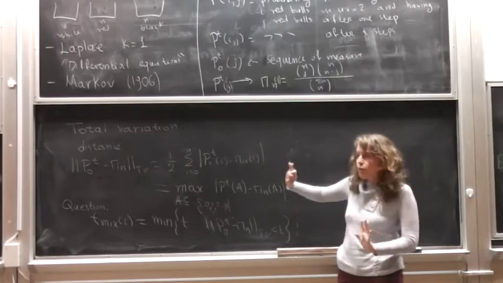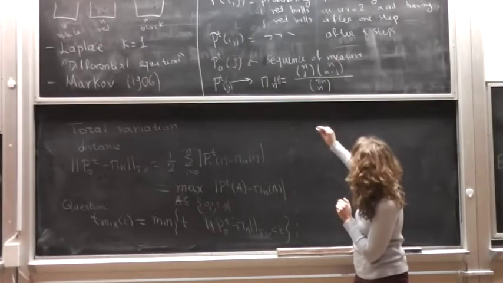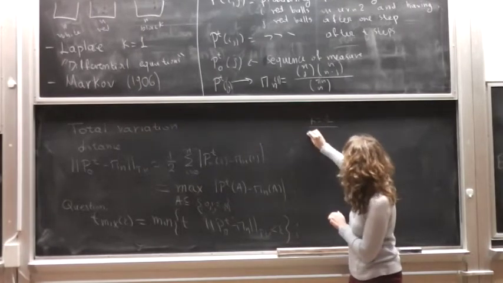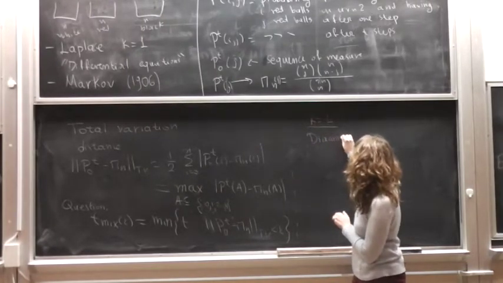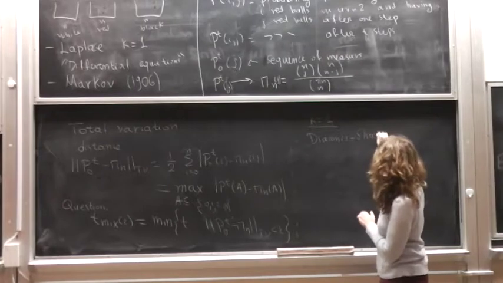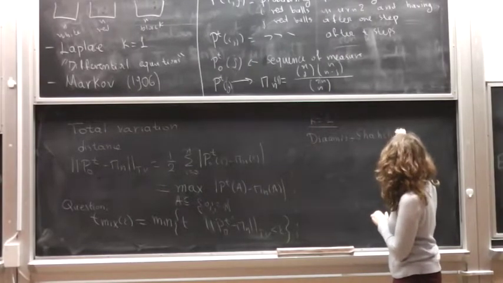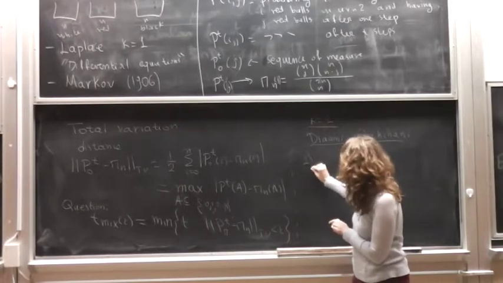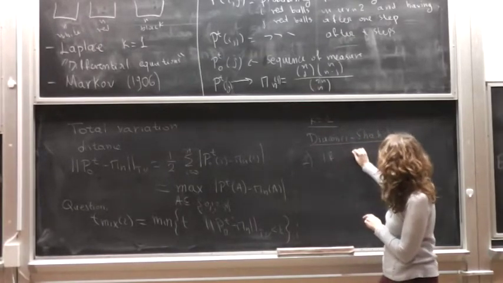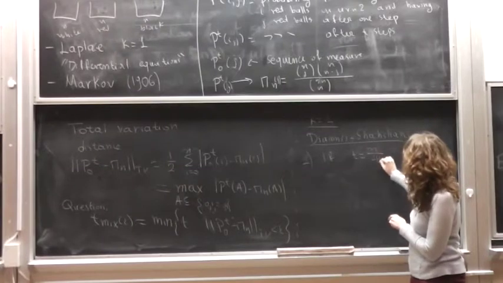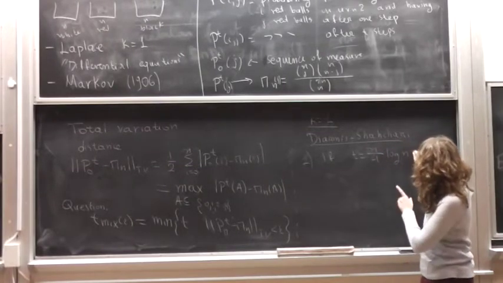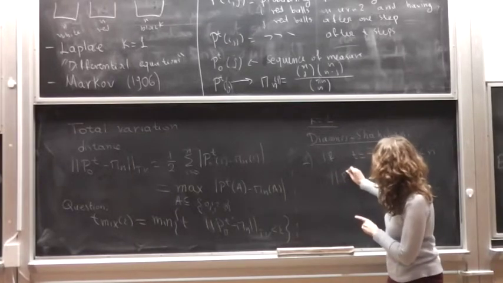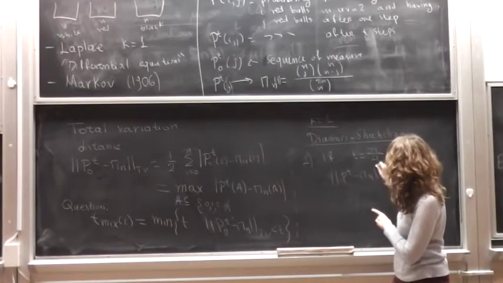So let me give you one more reference here, which is that for the case of k equal to 1, Diaconis and Shahshahani have proved the following two things. One, that if we take something like (n/4) log n steps and a little bit more, then the total variation distance is really, really small.